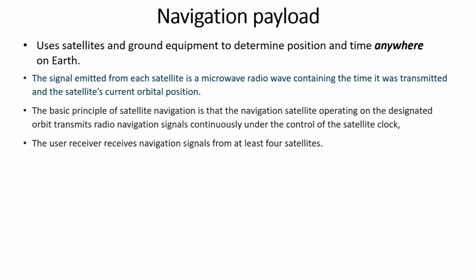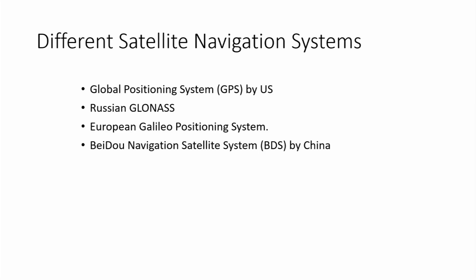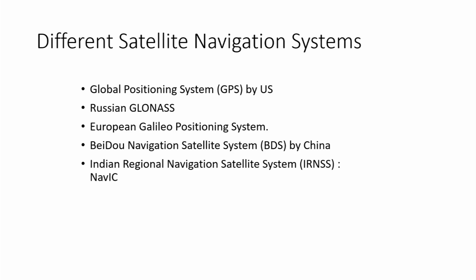At least 4 satellites are needed to unambiguously know the position of a receiver. These are the different types of satellite navigation systems available: the global positioning system, then Russian GLONASS, then European Galileo, then Beidou by China, then our Indian IRNSS, which is also called NavIC.